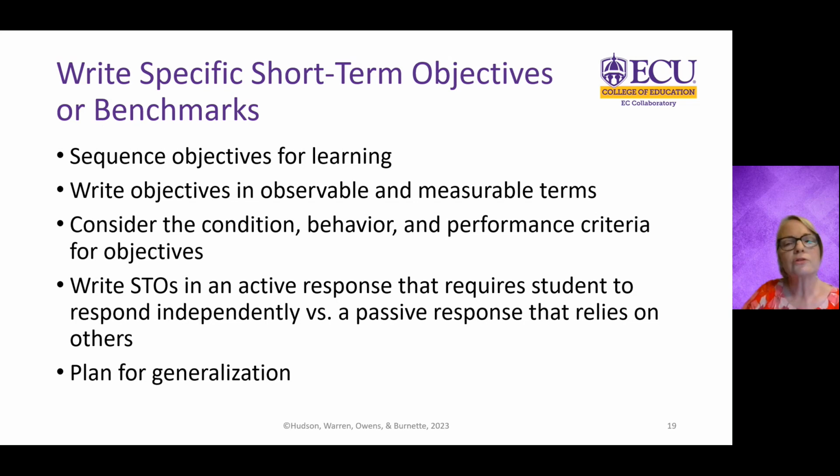You will also want to write objectives in observable and measurable terms. Consider the condition, behavior, and performance criteria for the objectives. Write the STOs in an active response that requires students to respond independently versus a passive response that relies on others, and plan for generalization.